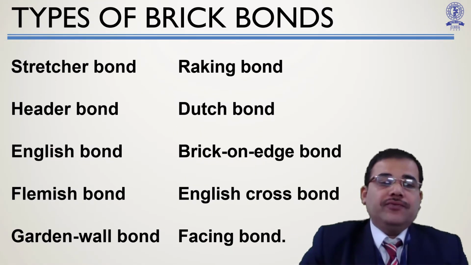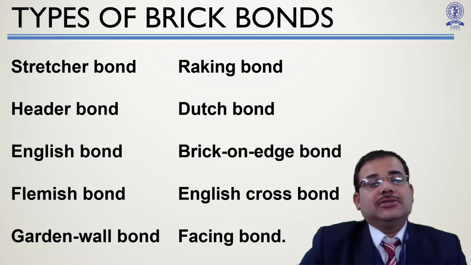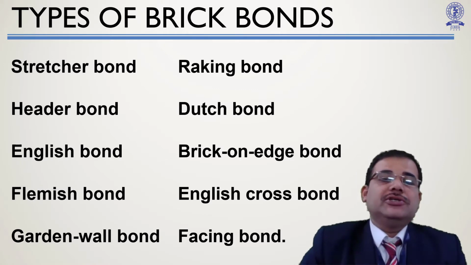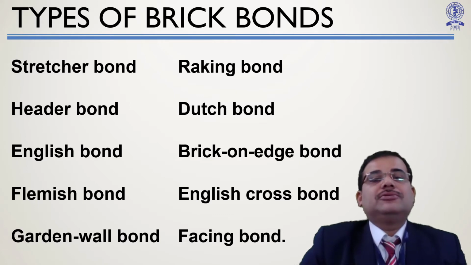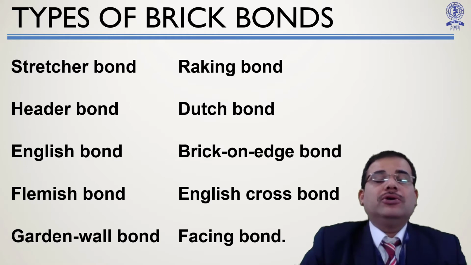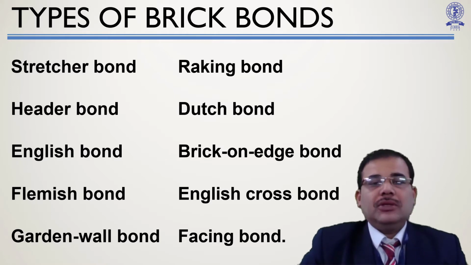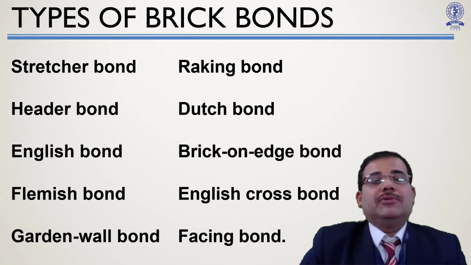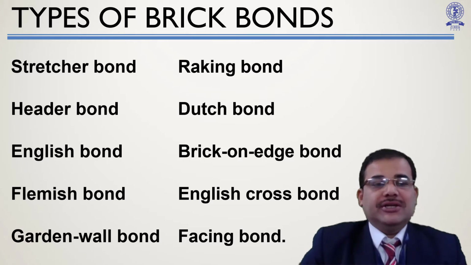Now, masonry work, as discussed earlier, is nothing but a systematic arrangement. The systematic arrangement is carried out by specific kinds of bonds for specific purposes. These are the bonds adopted in brick masonry.